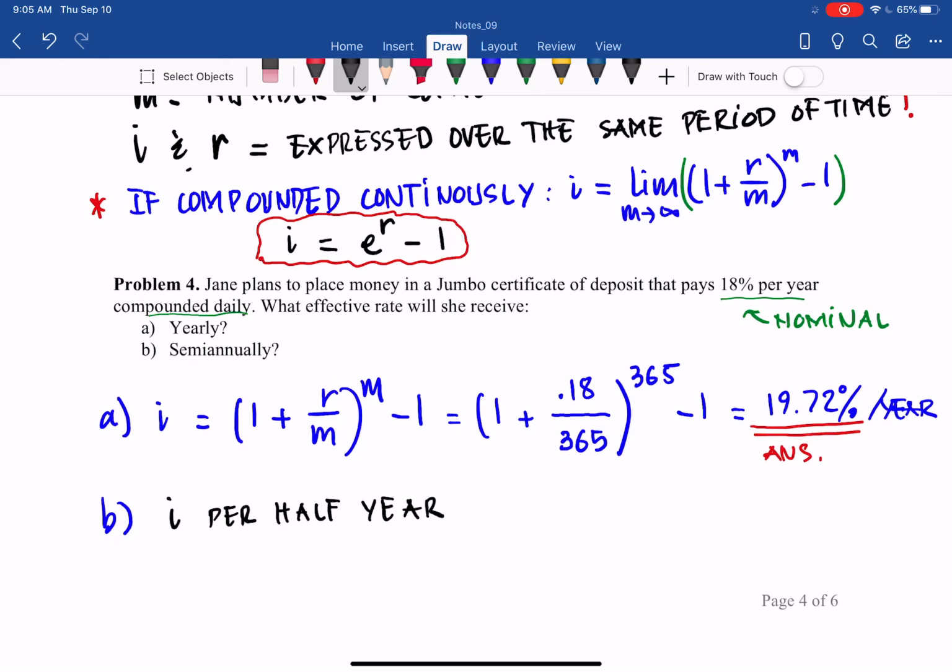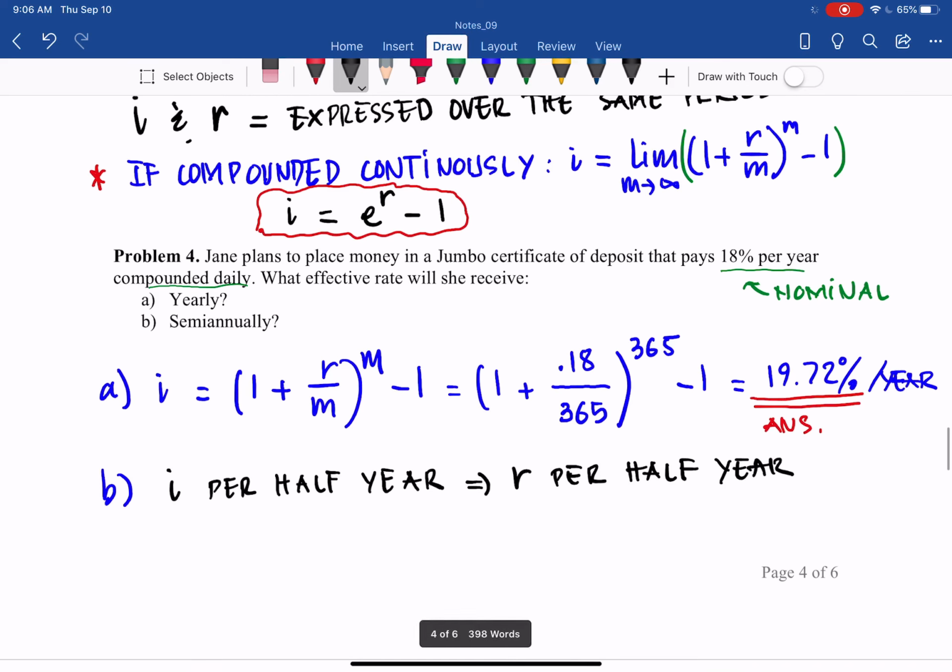Then to apply the equation, R has to be per half year. We have 18% per year, that is R. So per half year it has to be 18% per year divided by 2, and that is nominal, only 9% per half year for the nominal.